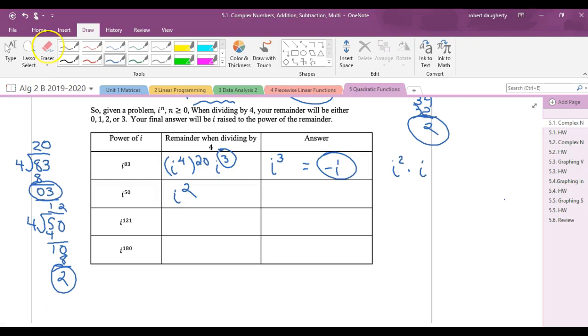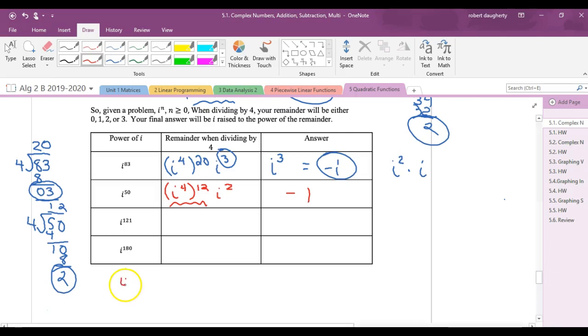So again, if you're not seeing this, according to this division, this is i to the 4th. And it looks like I've got 12 of those. That gives me 48. How many are left? There are 2. Okay, this is always going to be 1. So what is i squared? -1. Okay. So all you really have to do is divide this number by 4, and then i to the remainder is your answer.